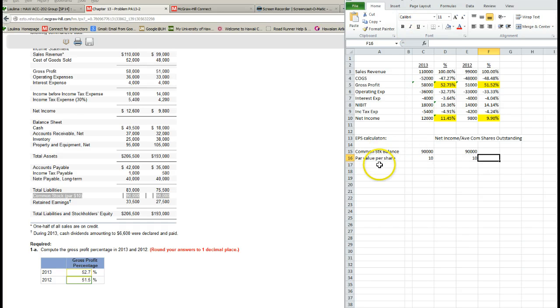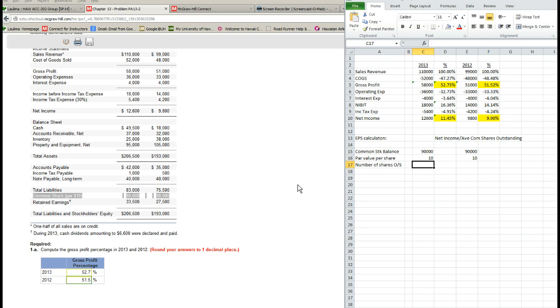And so the way we get the number of shares outstanding at the end of the year, which is when these balances are for, is to divide the common stock account balance by the par value per share, and that would give us number of shares outstanding.